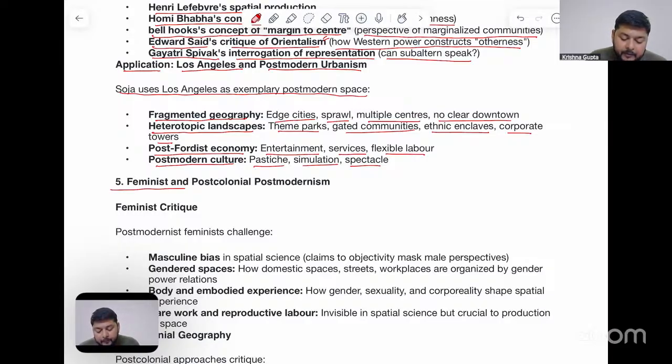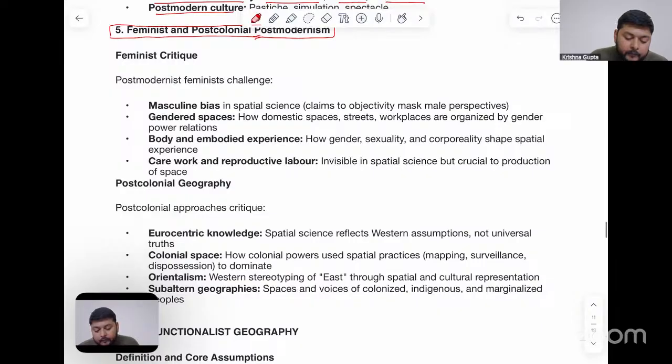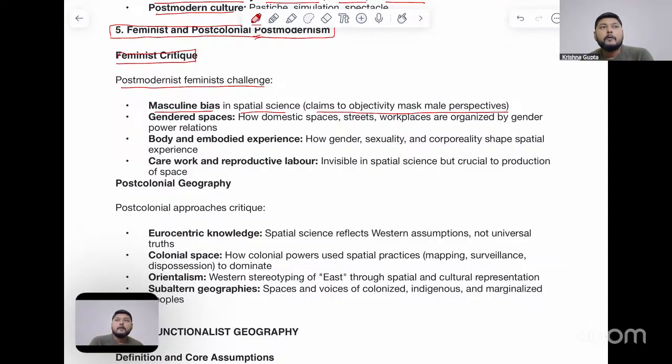Now, number five, we have feminist and post-colonial postmodernism. Now, the feminist critique, what do we see? The postmodernist feminist challenge is that the masculine bias seen in the spatial sciences, which claim objectivity, masks the male perspective. For example, who will cook the food today? That is by default women.